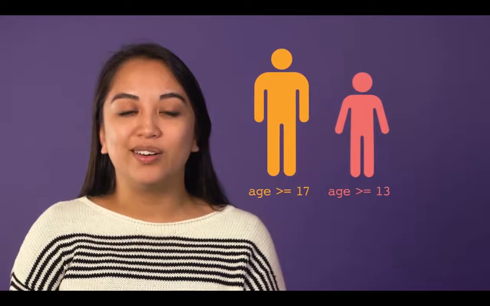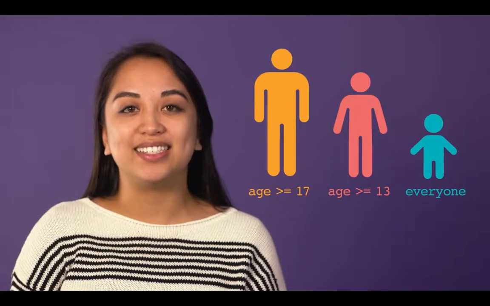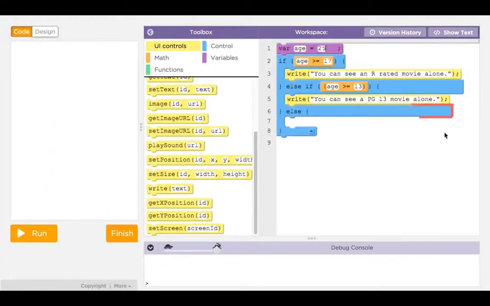Sometimes the decisions you will want your program to make have more than two possible outcomes. Let's continue our movie rating example, where we want to check whether the highest rating you can go see alone is an R-rated movie, a PG-13 movie, or just a G-rated movie. To check between these three different cases, we can add an else-if statement. An else-if statement is another condition that a program checks only if the previous if statements were false.